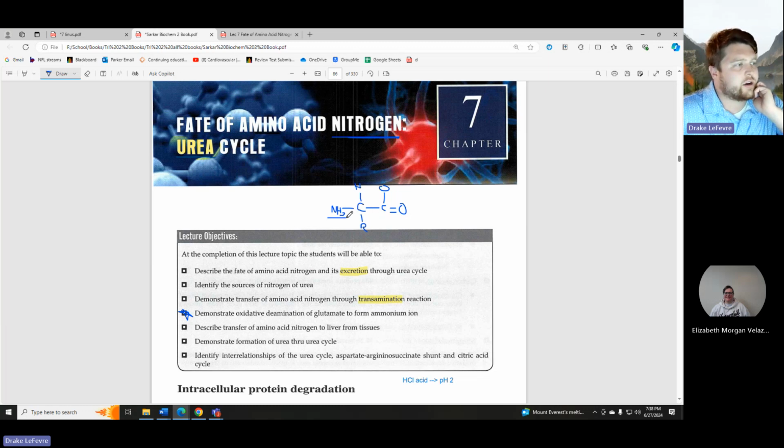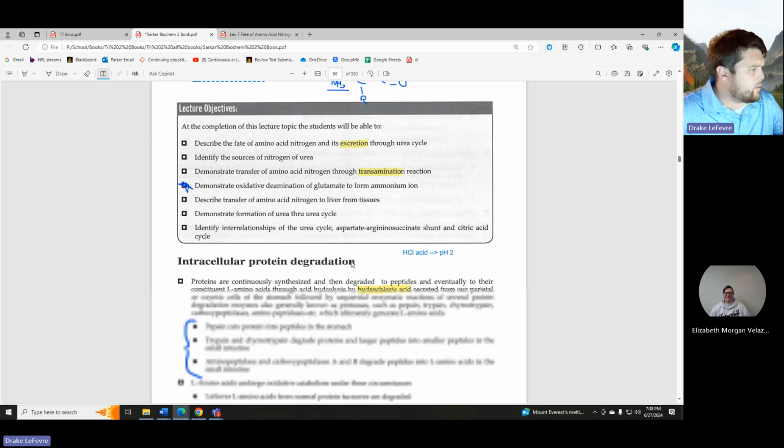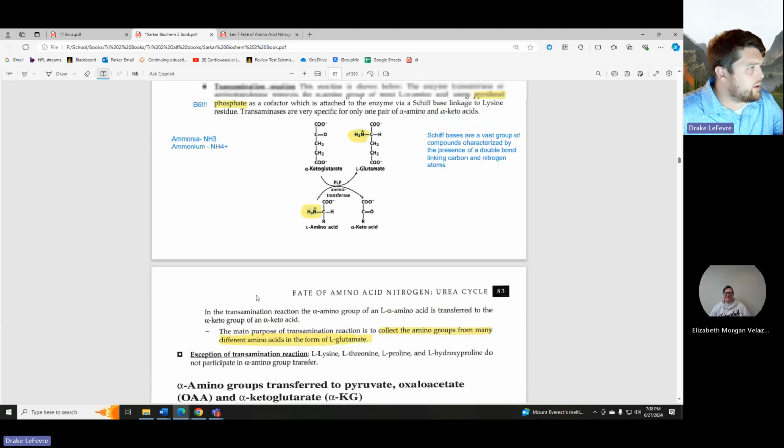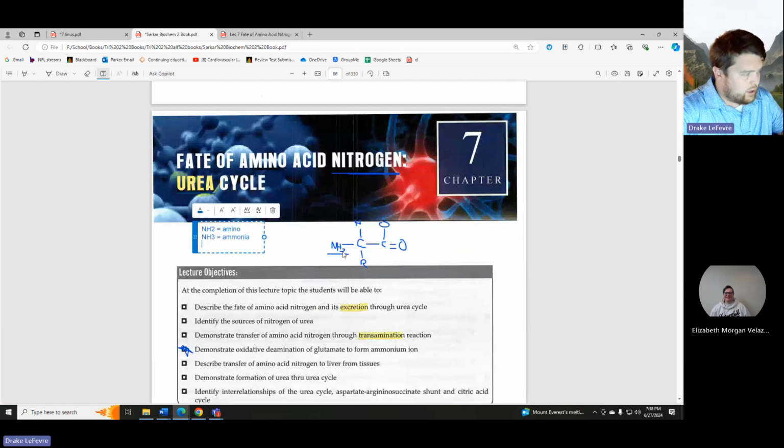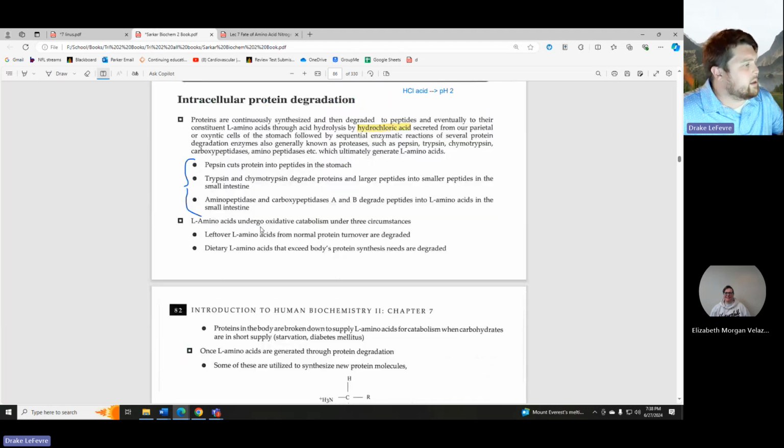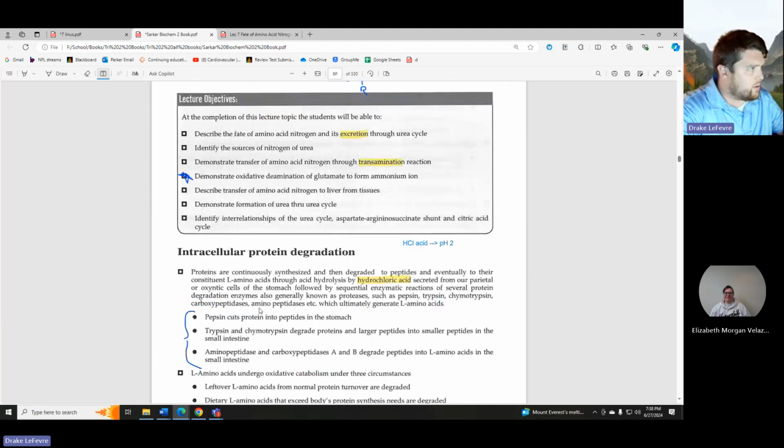Because this NH3 here, you'll see a couple different forms. You'll see NH2. Let me actually type these because it'll look nicer. There's NH2, which is an amino group. NH3 is ammonia, and NH4 is ammonium.